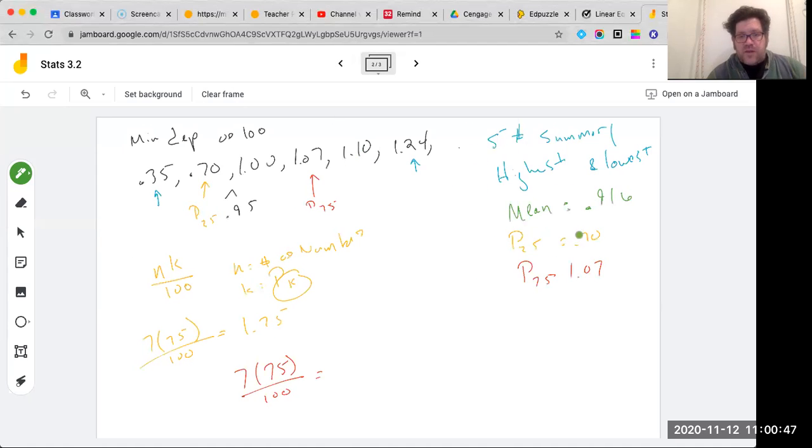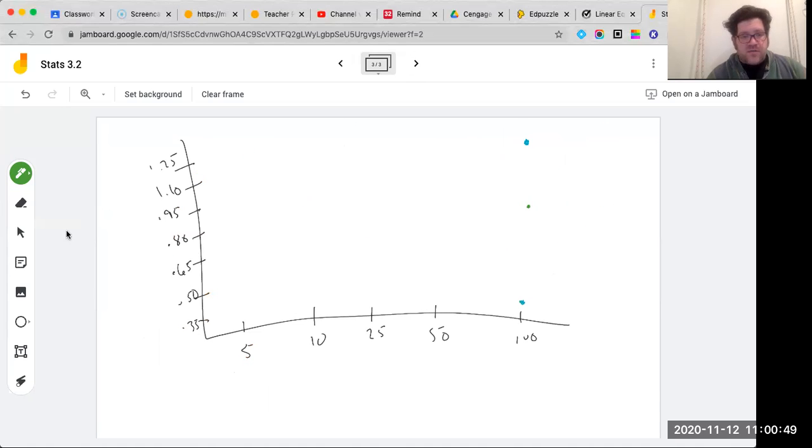Then my P25 is at 0.70, so that's right here. And the other one was at 1.07, which is right about here. So now I can draw my box and whiskers. And that's kind of what my box and whiskers would look like for 100.